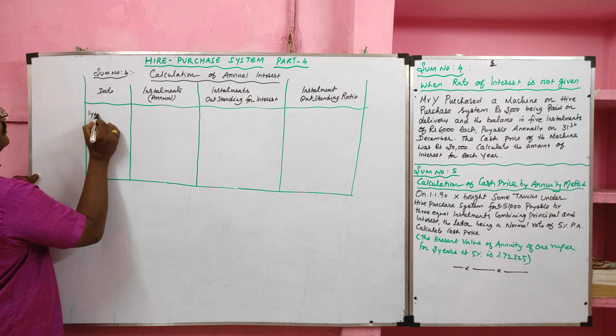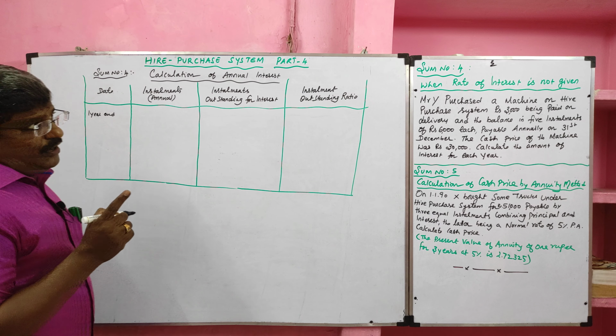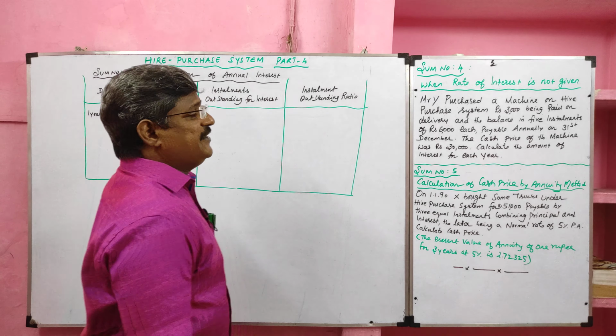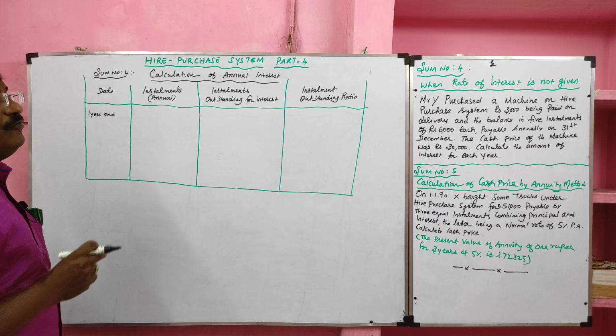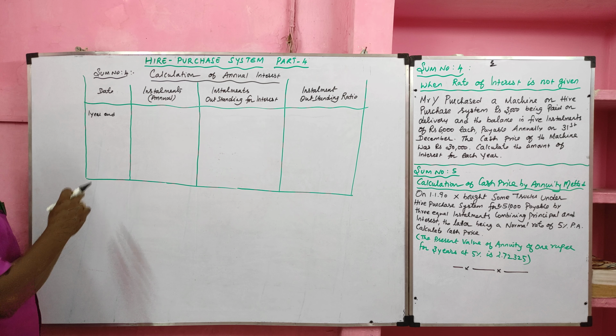We will start from first year end. We should ignore the down payment for calculation of interest, because in down payment no interest is included, so we have to exclude the down payment.